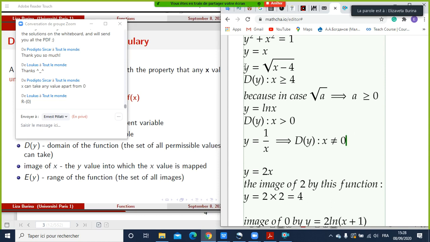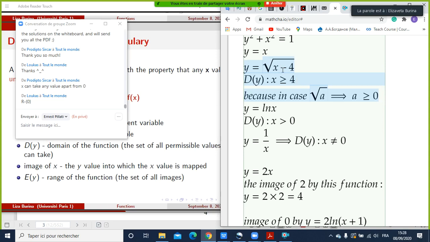So again, for the case of a square root, we can take a square root of 0, and that's why the domain, so all the values that x can take, can include 4, because if x is 4, then we have 0, and the square root of 0 is 0. If x, for example, is equal to 3, that's where we have a problem, because we'll have to take a square root of -1.